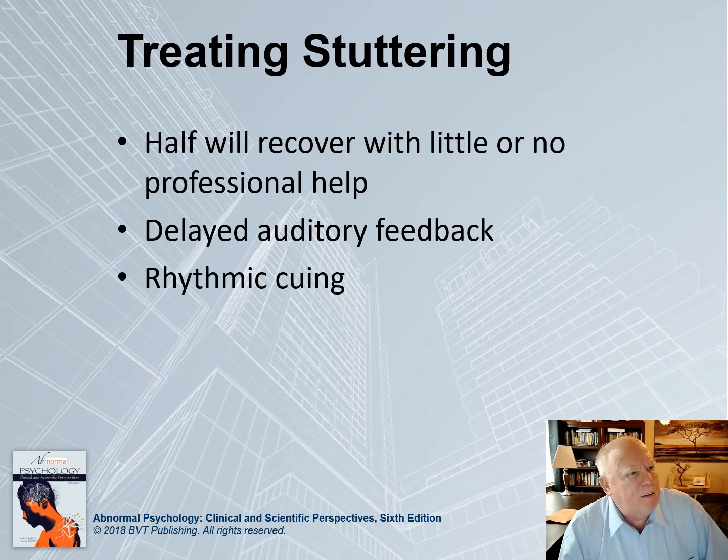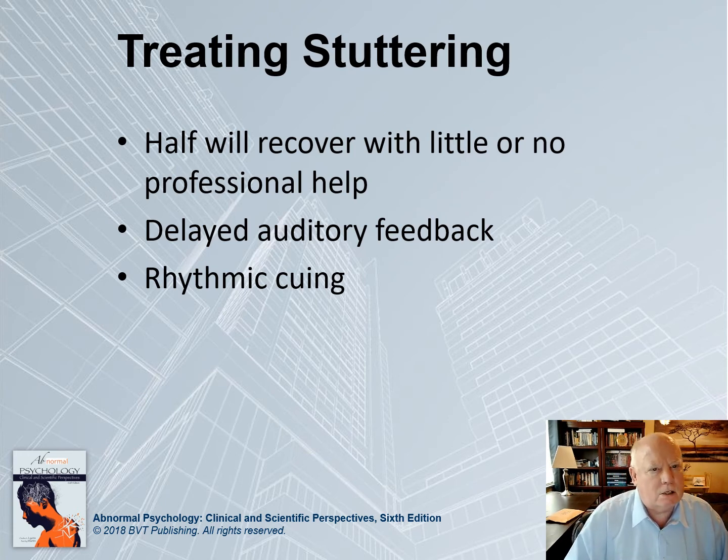Delayed auditory feedback, for example, trains the brain to process the auditory information just a little later than it normally would, so it does not interfere with generating the next sound. And rhythmic cueing, which is to provide a cadence that one uses when they're talking, seems to create a template that makes stuttering less likely.